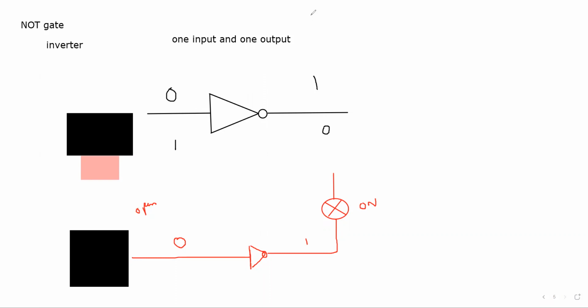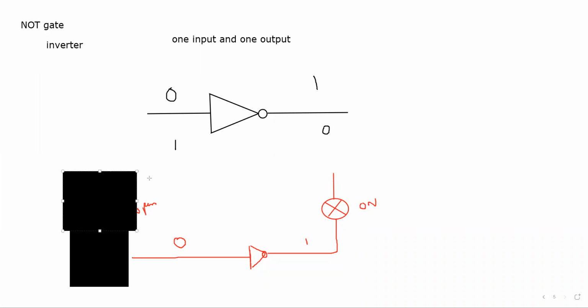But when you close this, when you connect the two straps, the circuit is closed. So as the circuit is closed, it means now the logic is not 0, it is 1.